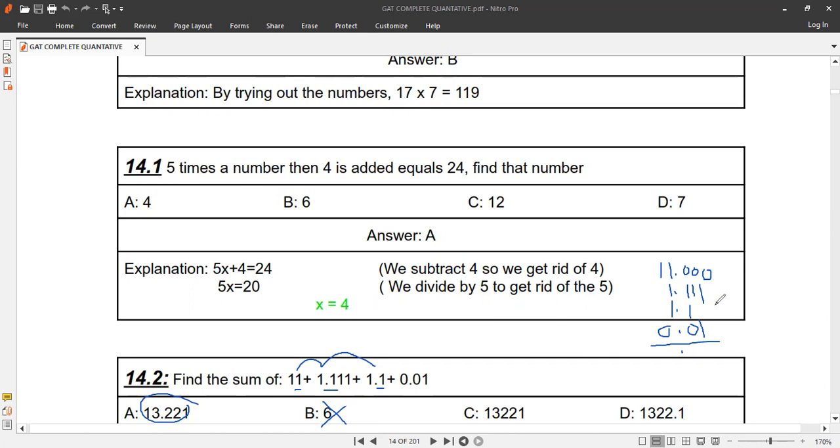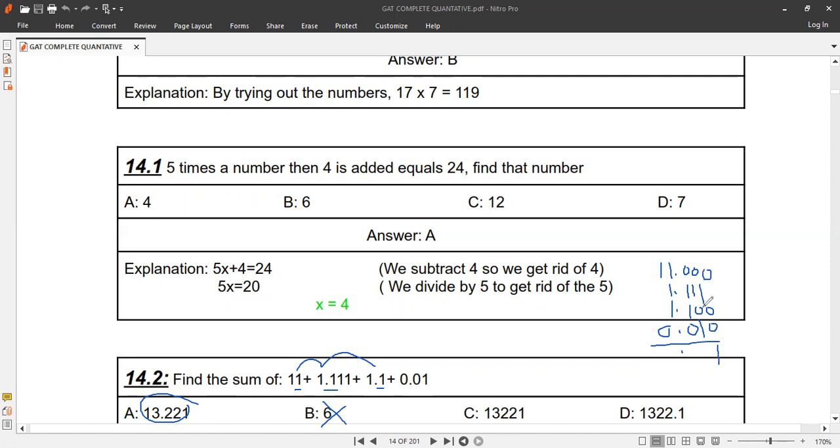Here we start from the right, of course. 0 plus 1. Here we can add 2 zeros to have the same number of digits on the right. Here we add 1 zero. So each number has 3 digits on the right of the decimal point. Here 0 plus 1 plus 0 plus 1 is 1.